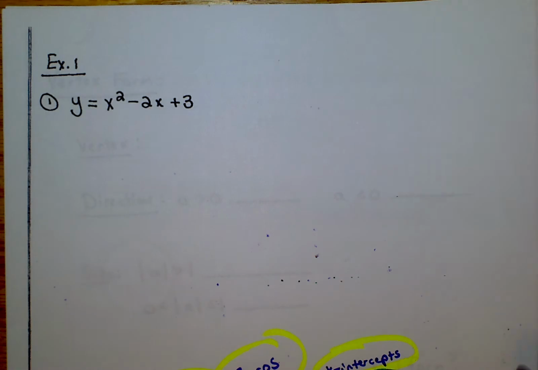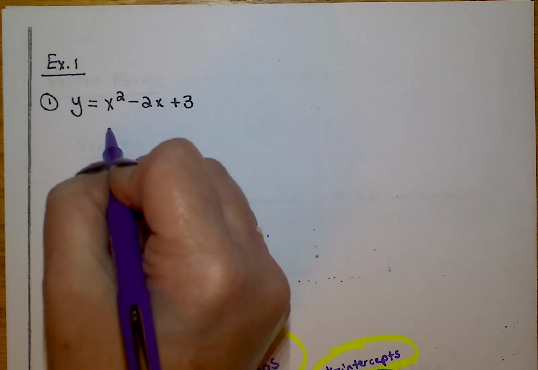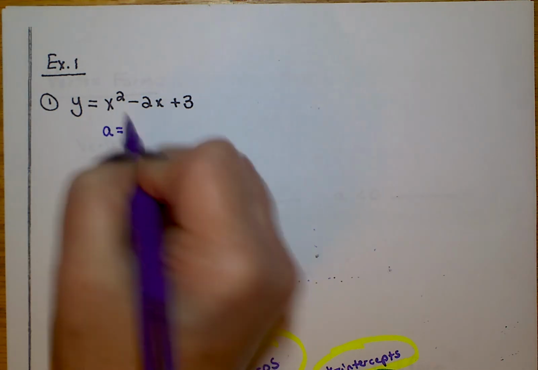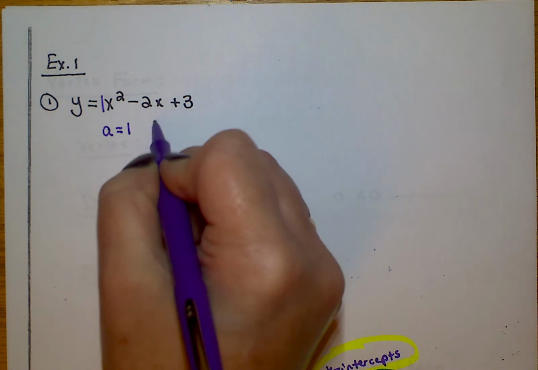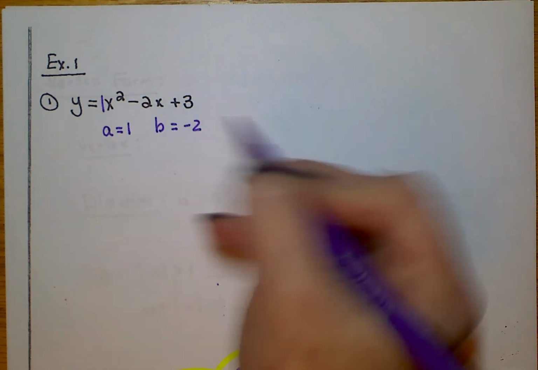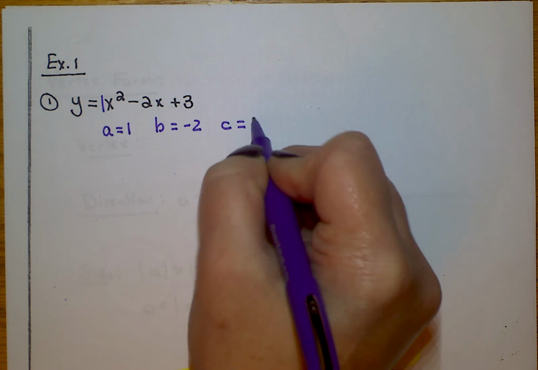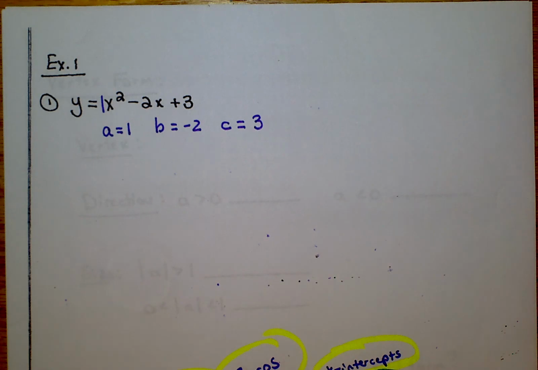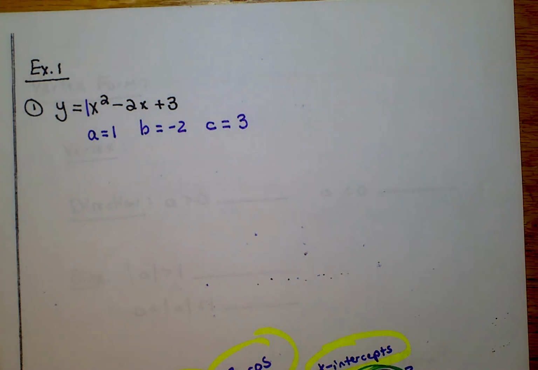So we're going to try to graph this one. I notice that this parabola is in standard form. So I'm going to identify the A, which is 1. My B is -2. And my C is 3. Okay, go back to your formula on that first page in which I wrote.